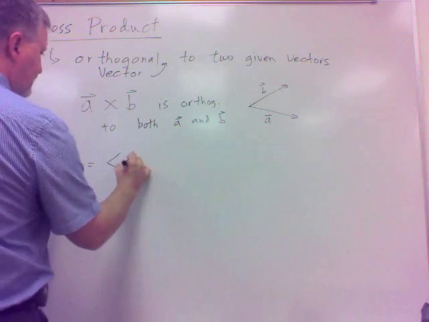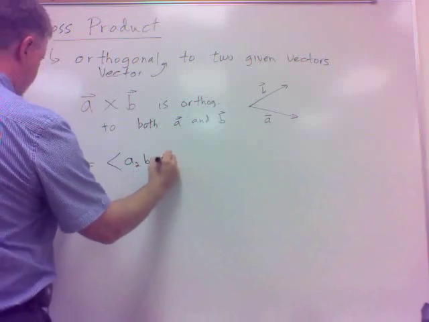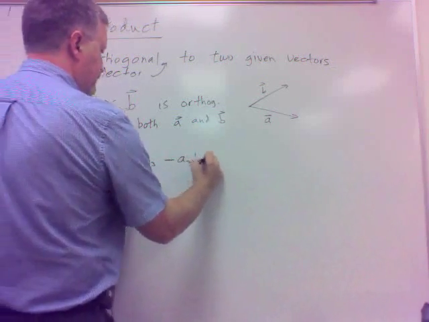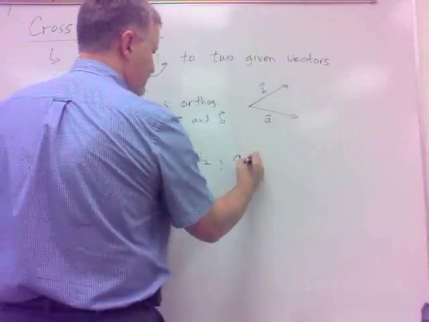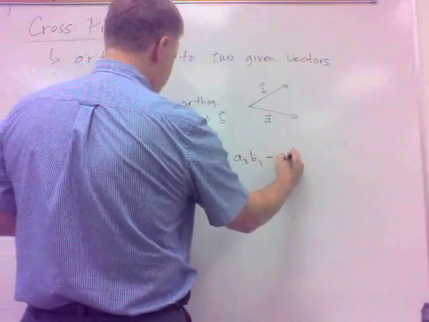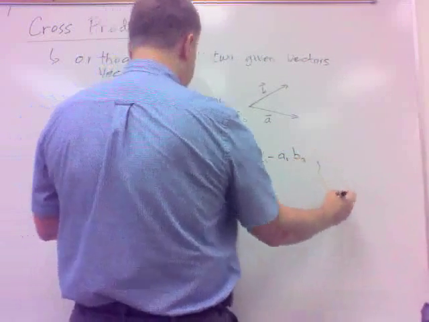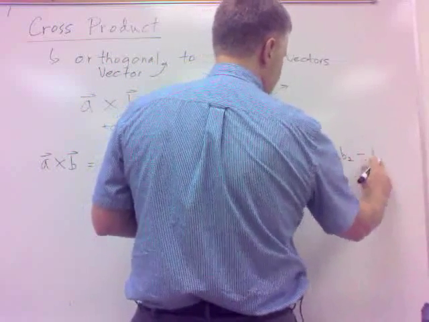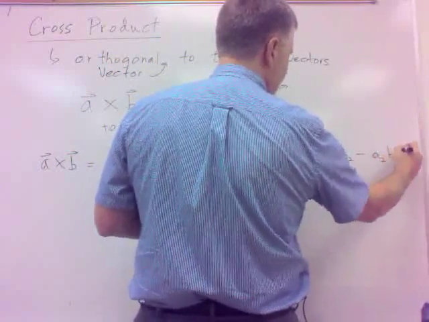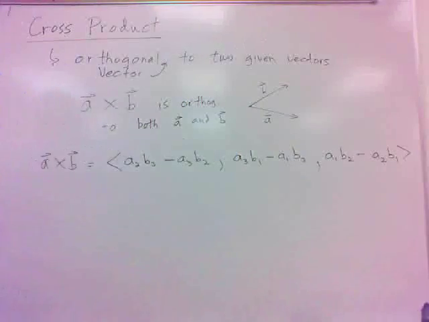So it's A2B3 minus A3B2. That's the first component. Second component then is A3B1 minus A1B3. And then the third component is A1B2 minus A2B1. There's a pattern there, but I'll show you a better way. You don't have to remember that. You might remember it for a while and then forget it, but there's an easy way to get that combination.